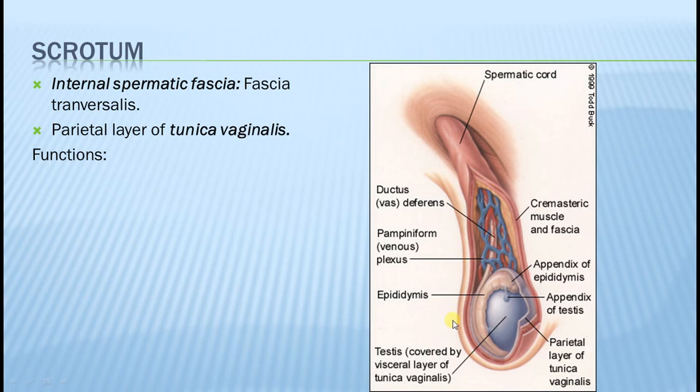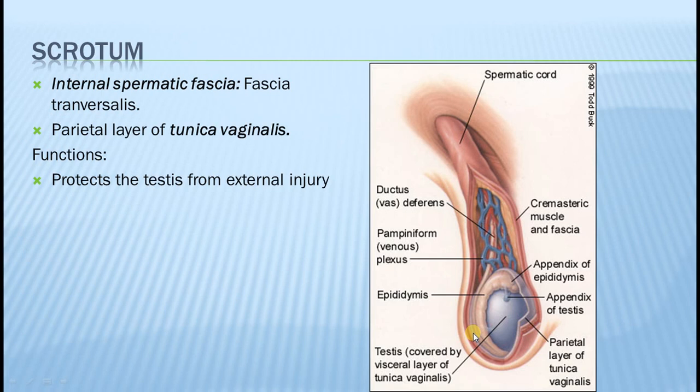So what is the main function? Before that, I will again enumerate the layers of the scrotum, starting from skin, dartos muscle, external spermatic fascia, cremasteric muscle and fascia, internal spermatic fascia, and parietal layer of tunica vaginalis. So functions mainly, to some extent, it protects the testis from external injury.